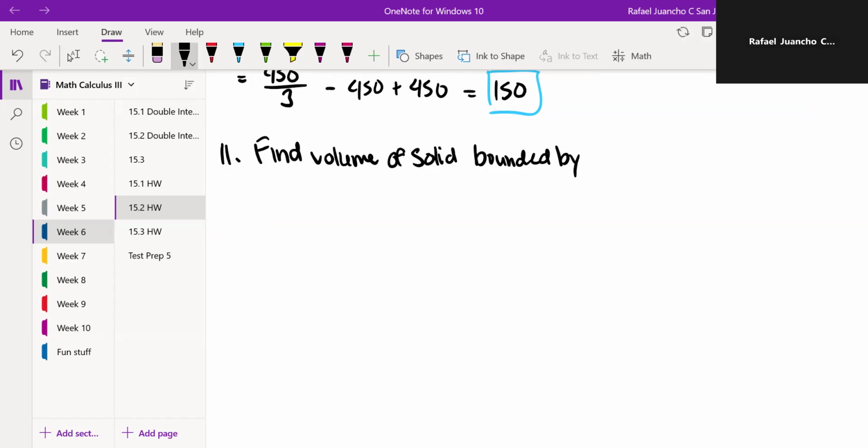This is the volume of the solid bounded by some cylinder. The cylinder has an equation x squared plus y squared equals 16. So we know that's a trace in the xy plane. And we also have planes.